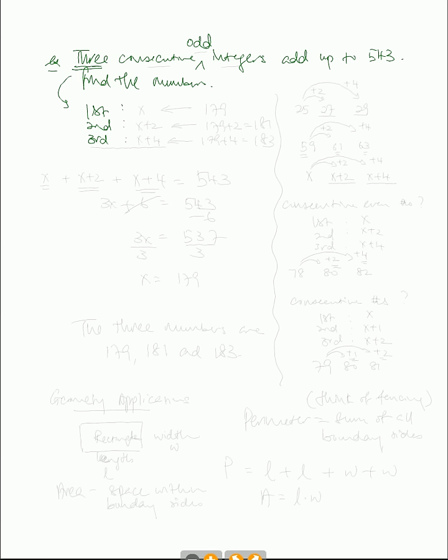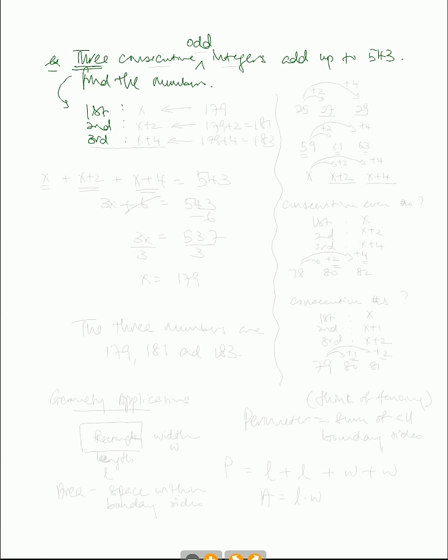You don't want to deal with that. We want to deal with only 1 variable. And so we want to know, these 3 numbers that we're looking for, how are they related? Definitely I cannot call them x, x, x, because that says the 3 numbers are the same number, which is not true.